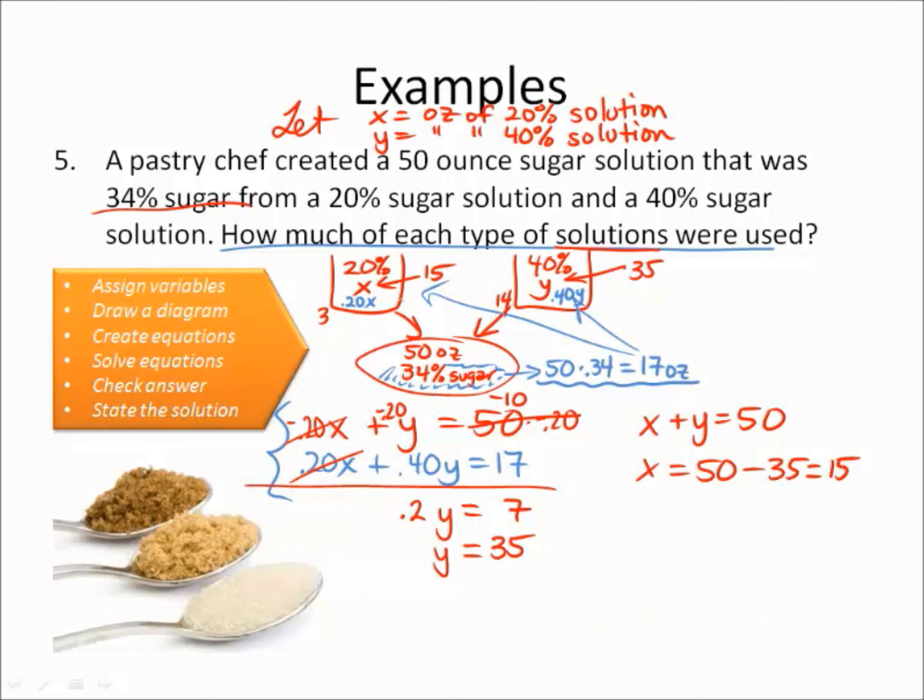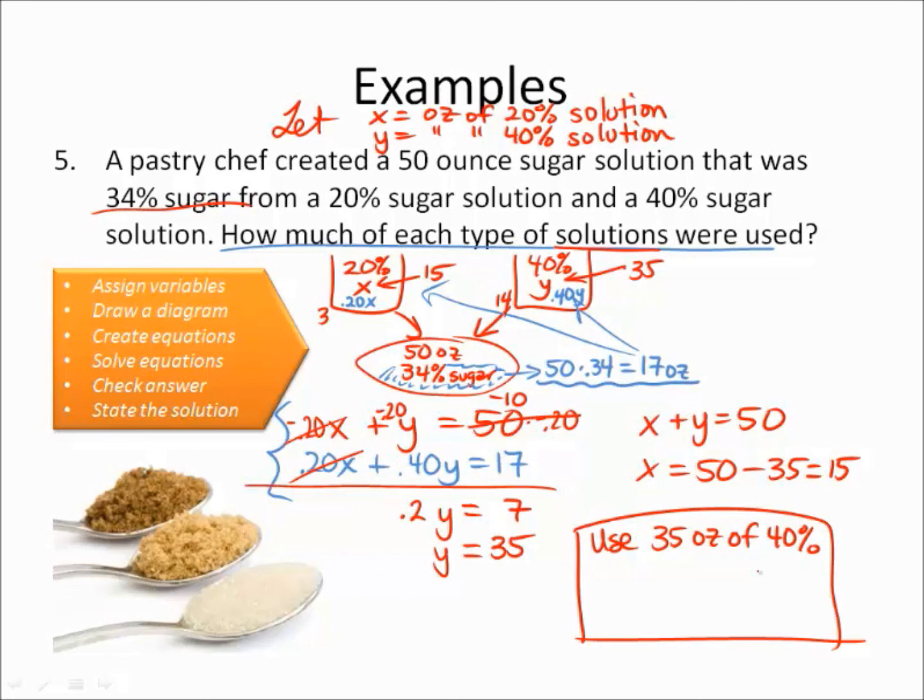So we have 3 ounces of sugar and 14 ounces of sugar, giving us a total of 17 ounces of sugar. Great, that works. Therefore, we want to use 35 ounces of 40% sugar solution and 15 ounces of 20% solution.